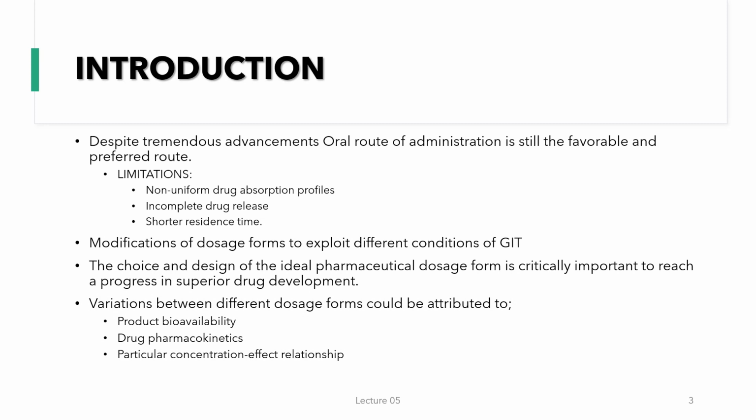Variations between drug response within individuals could be attributed either to the product bioavailability, like the rate and extent of drug absorption, drug pharmacokinetics, which includes metabolism, distribution, and elimination of drugs, or the particular concentration effect relationships, which in turn could potentially be influenced through a mixture of intrinsic and extrinsic variables.